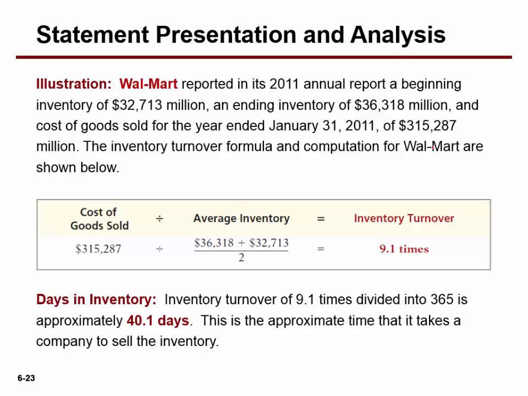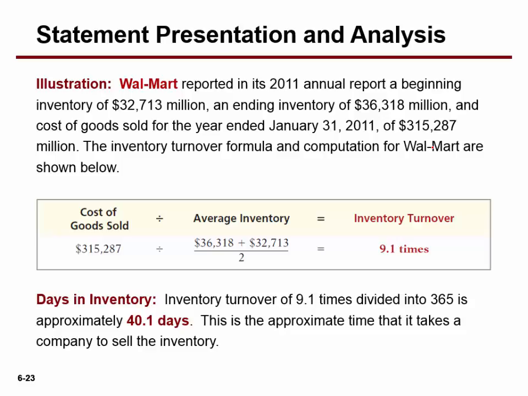So if our average inventory was 36,318 plus 32,713 divided by 2, don't worry about the zeros we're dropping here.